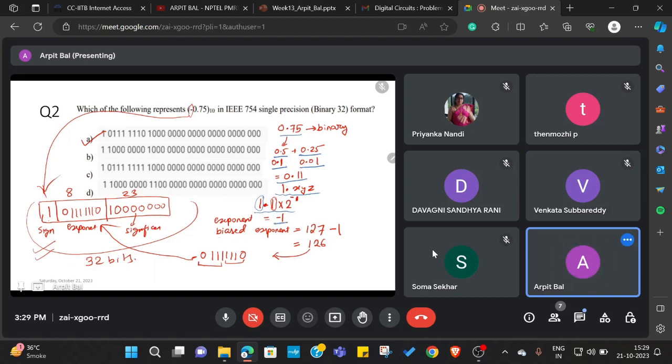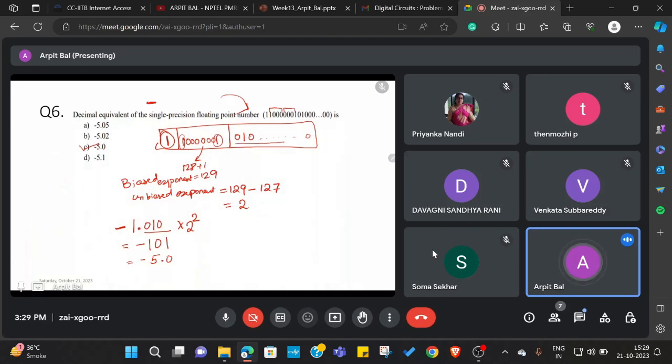To get biased exponent, I do minus 1 plus 127, then we get 126, and I convert that into binary. That goes directly into this field. For my significand, what is remaining is 1 and all zeros. Because it was negative, my sign is 1. So option A was correct.